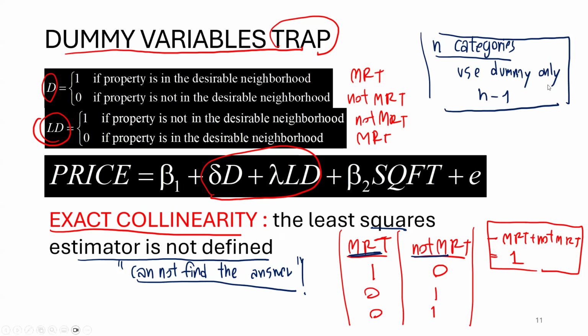Okay, so we have only MRT or not MRT. We use only one dummy variable, that is enough. If not, your model will face the dummy variable trap and cannot find the answer. Difficult.